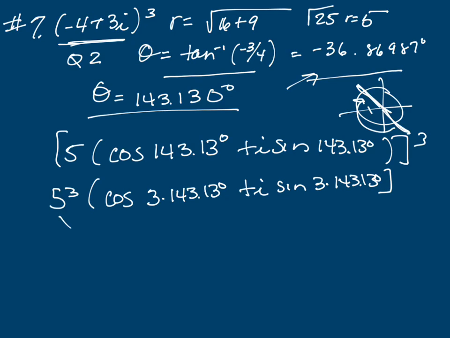We might as well just multiply it all together as we go. So 5 cubed is 125. So 125 times the cosine of 3 times 143.13, I get 44. So mine came out to be 44.